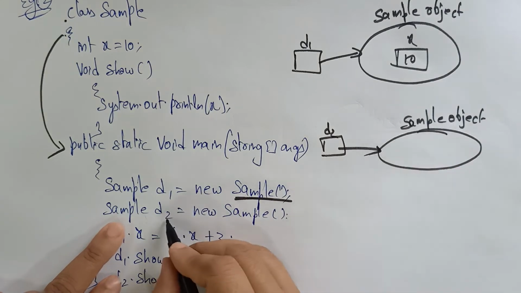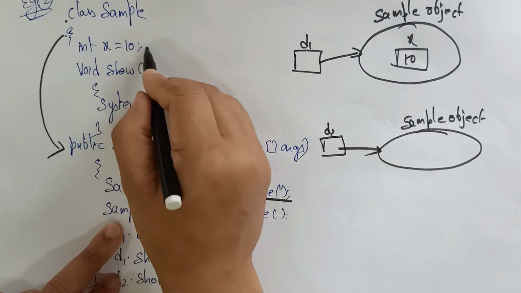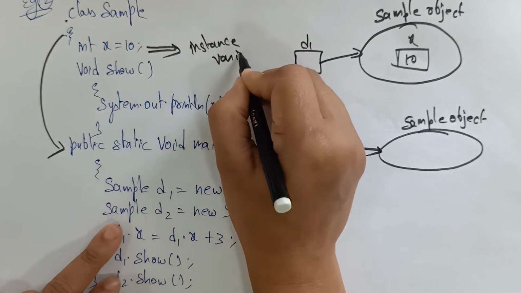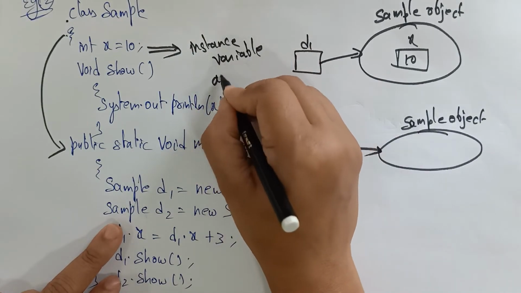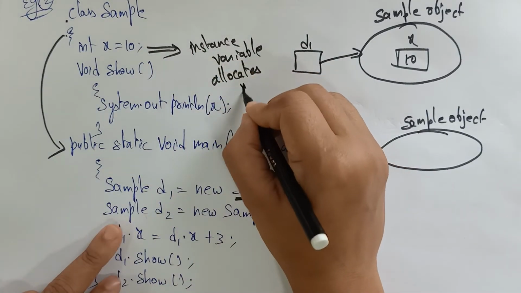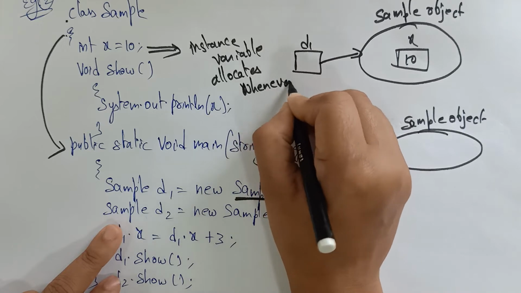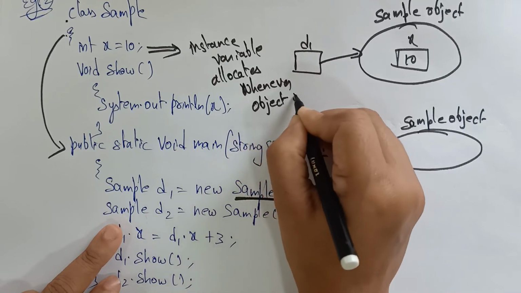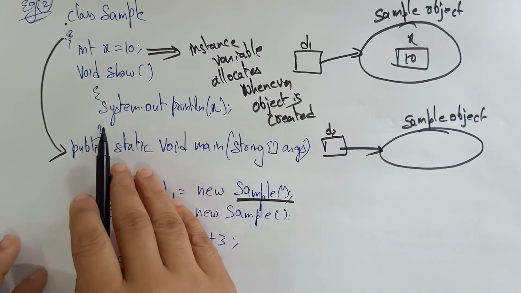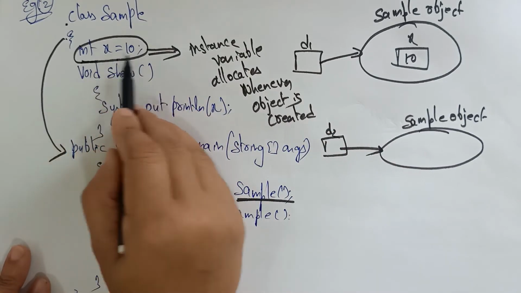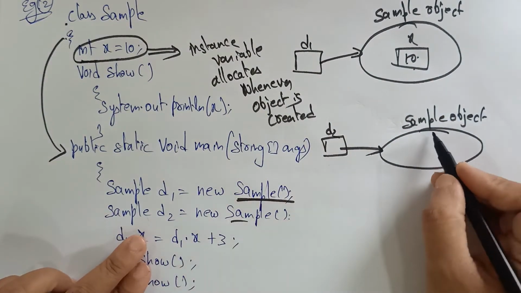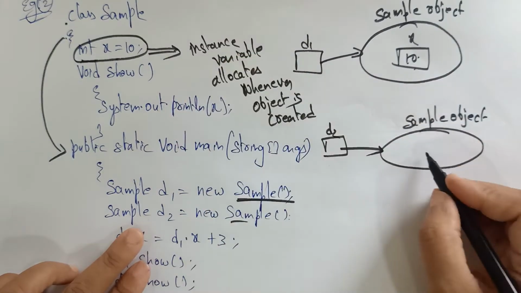Whenever the object is created, the instance variables are loaded and memory is allocated. I already explained this when I explained instance variables. Another object is created and memory is allocated to its instance variable.